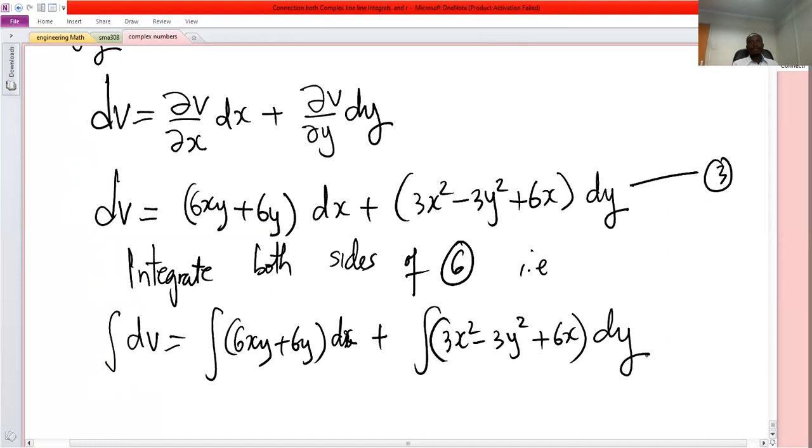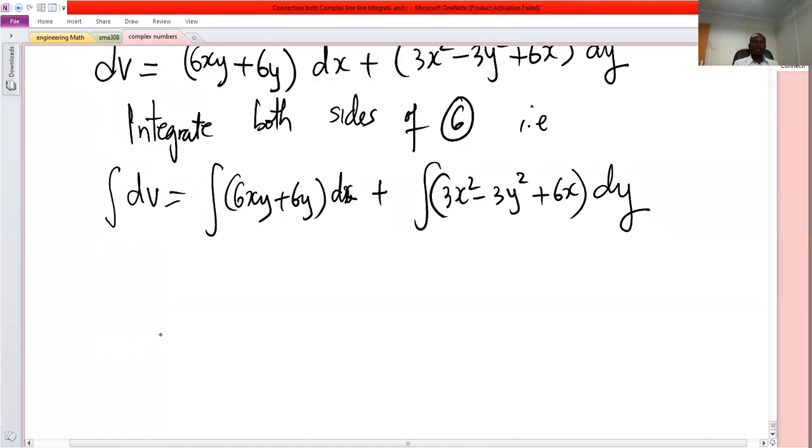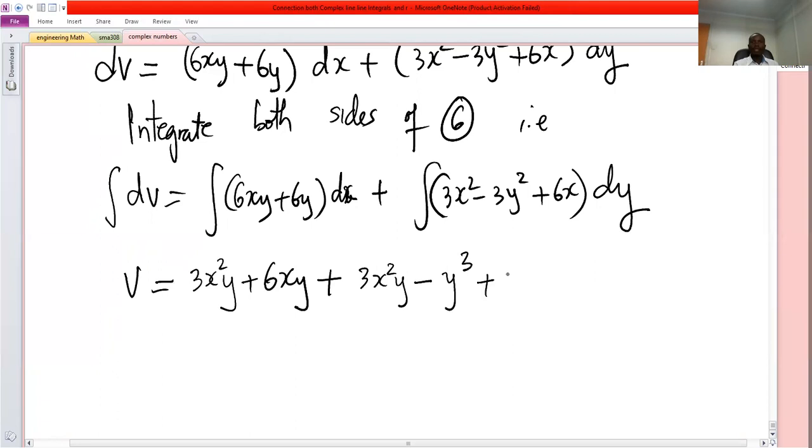So the integral of dv is v. With respect to x, this will be 3x squared y plus 6xy. The constant of integration we will add at the last step. With respect to y, we'll have 3x squared y minus y cubed plus 6xy, and then plus c.